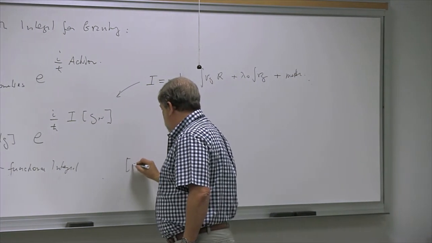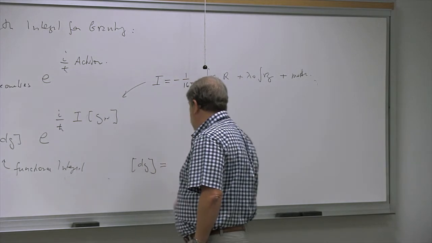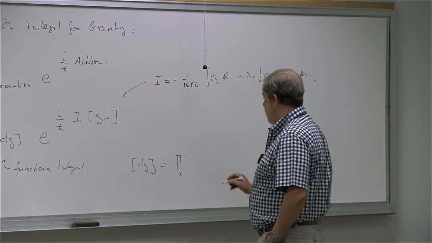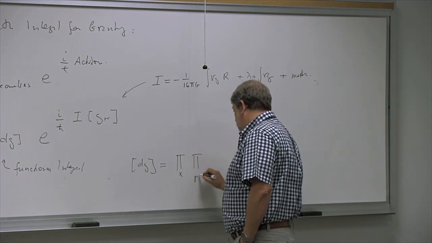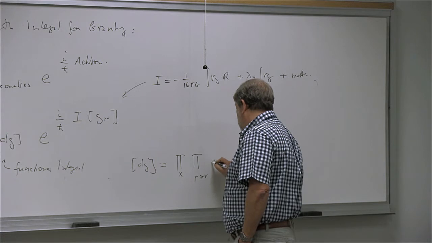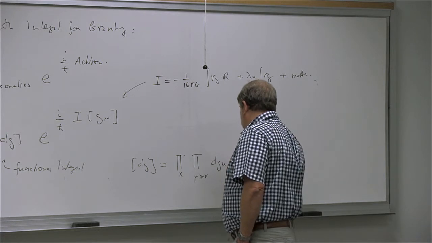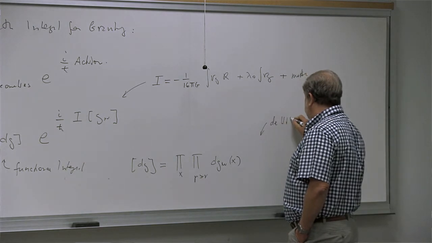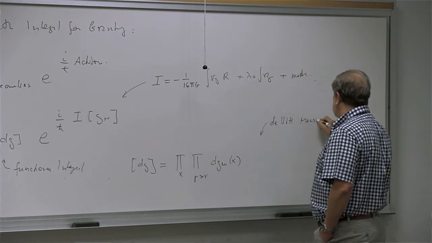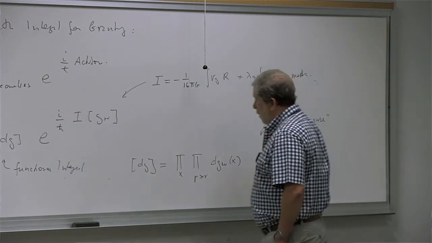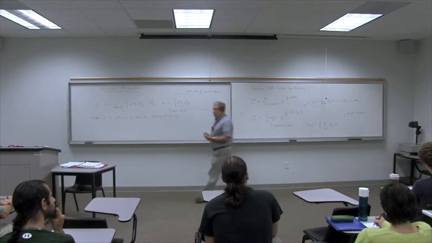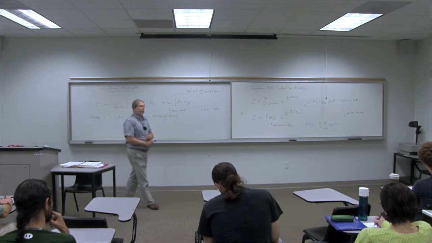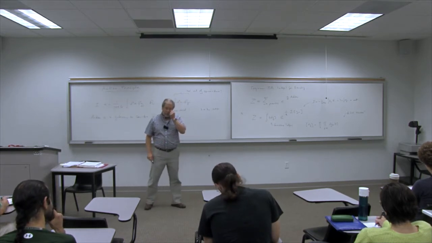And the measure is actually something that you can write down explicitly because it's going to be a product over all space-time points of a product over mu greater than nu of dg mu nu of x. And this is called the DeWitt measure, the DeWitt functional measure, because Bryce DeWitt was the first one to write this down in the late 60s, what the Feynman path integral for gravity would look like. He wrote a number of papers.